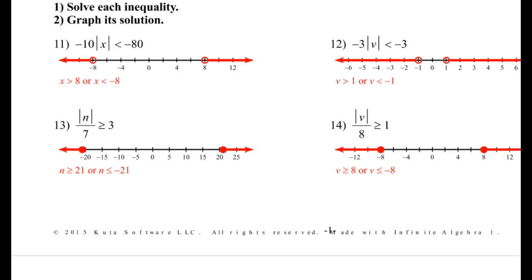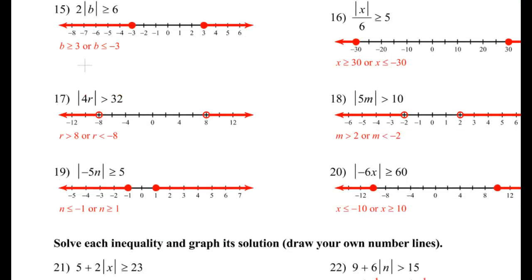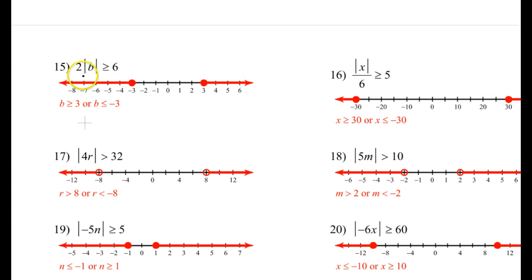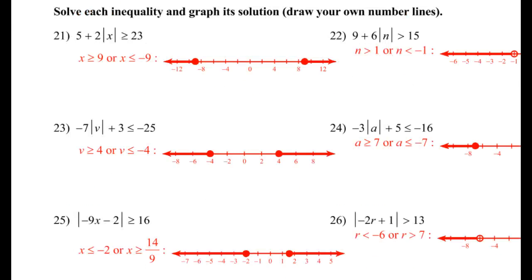Okay, so you can go down and see here that there are numbers on the outside, so you're going to have to do some work before you split them up. All the same stuff we've been doing. It's just there's an inequality. Okay? So let's just practice a few.